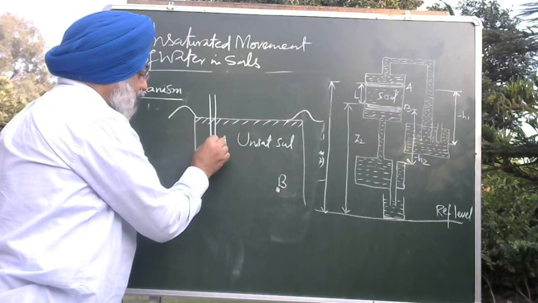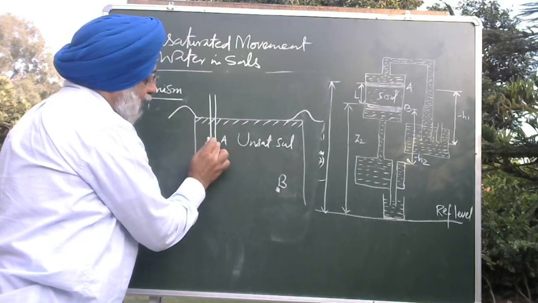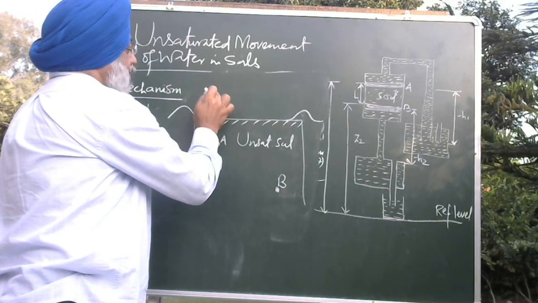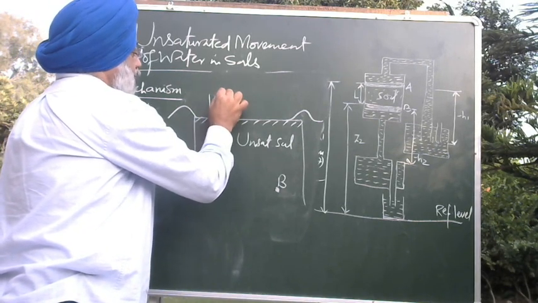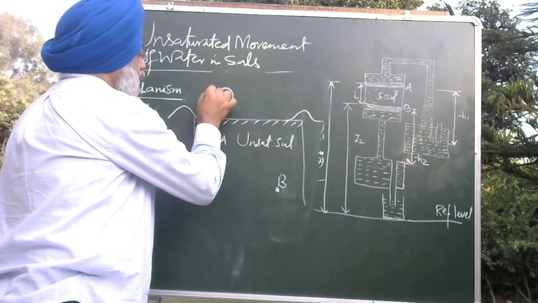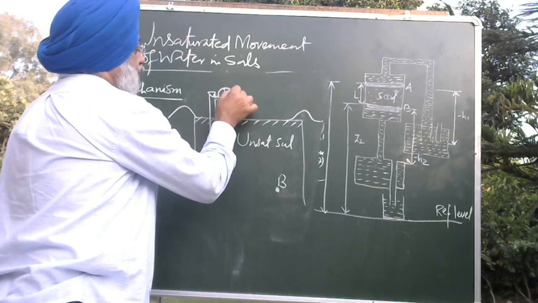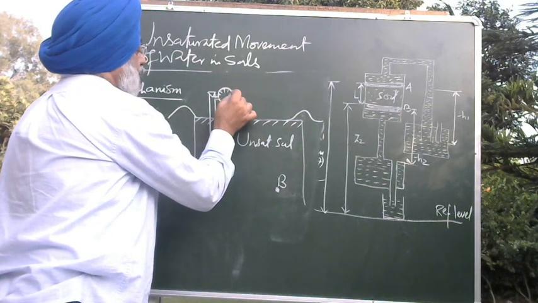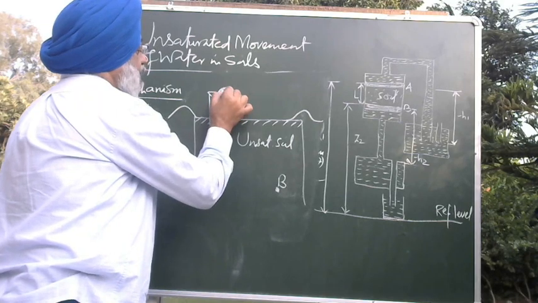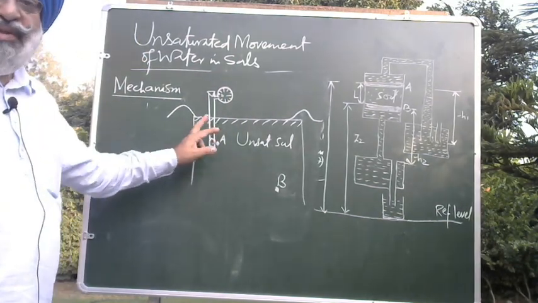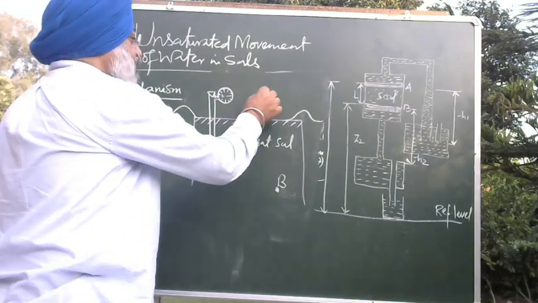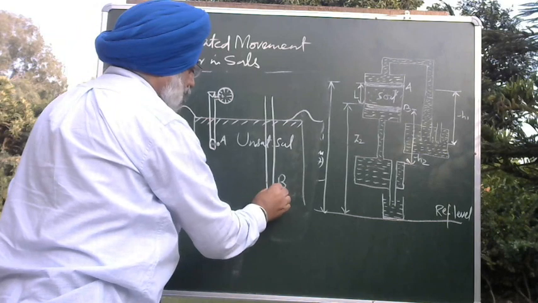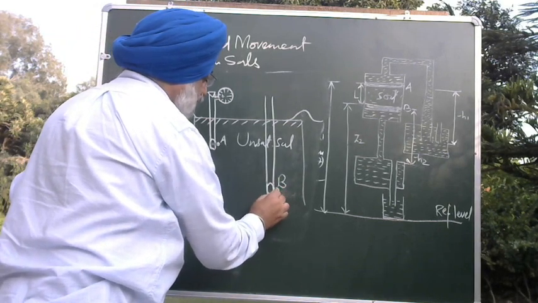This is the ceramic cup. The center of the ceramic cup should coincide with point A. We are measuring in bars. So you have installed one tensiometer at A, and similarly you will install another tensiometer at B. Again, this is the ceramic cup.